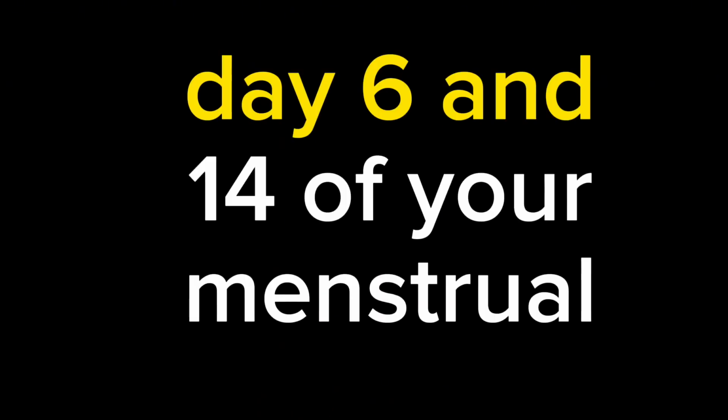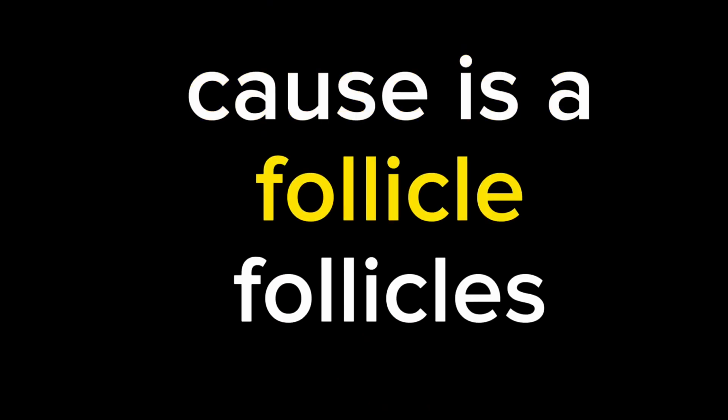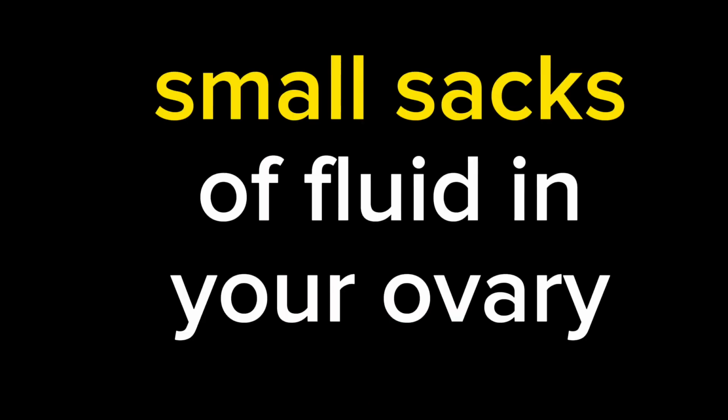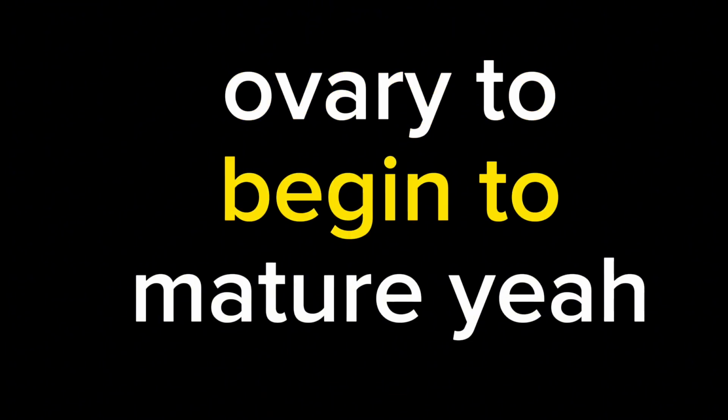Between day 6 and 14 of your menstrual cycle, follicle stimulating hormone causes follicles, small sacs of fluid in your ovary that contain a developing egg, in one ovary to begin to mature.